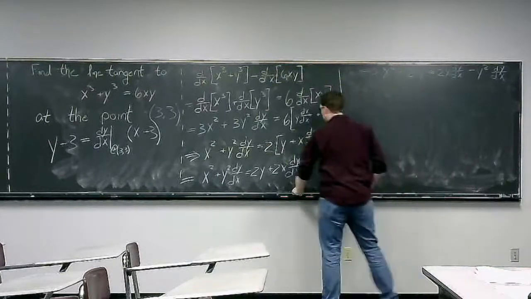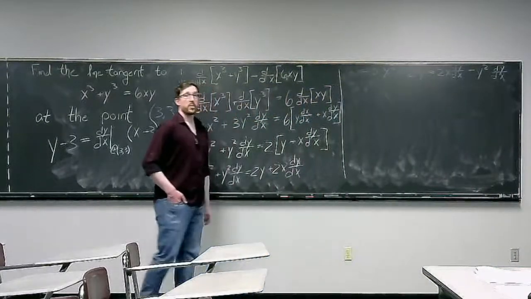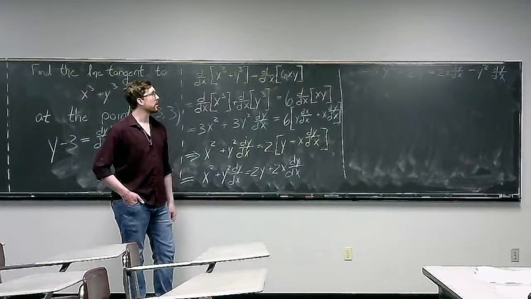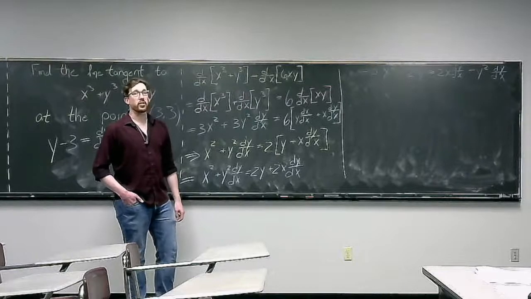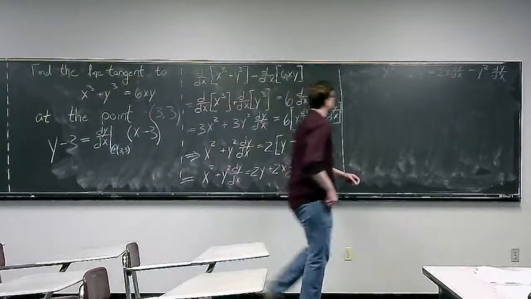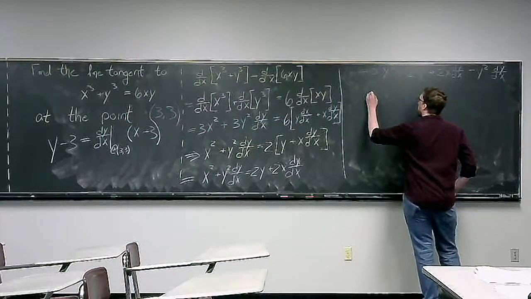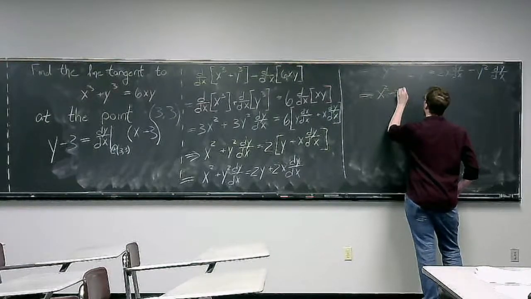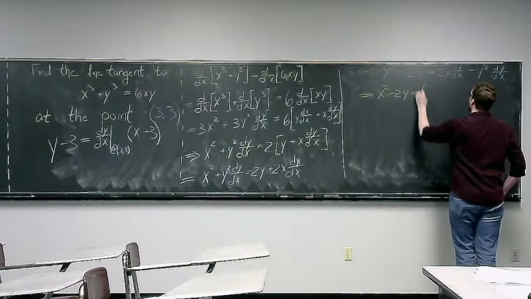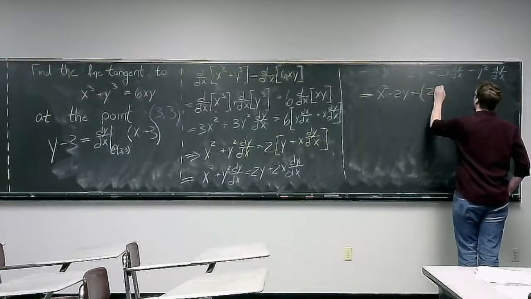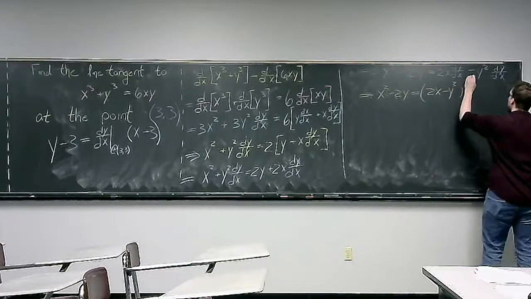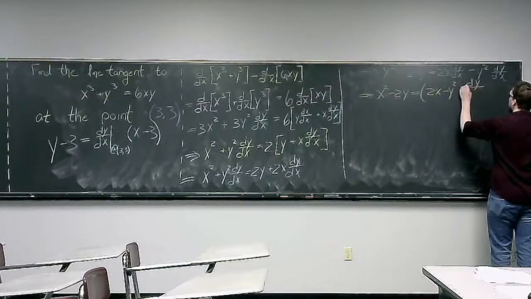Okay. Now we can pull out that dy/dx and start grouping everything, right? So what I mean to say is, now we have x squared minus 2y is equal to the quantity 2x minus y squared times dy/dx.